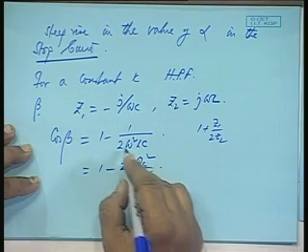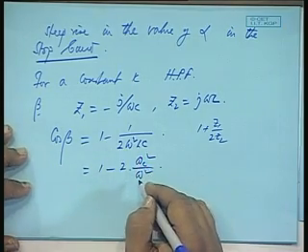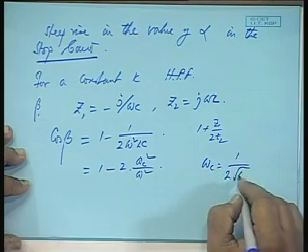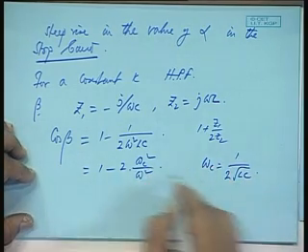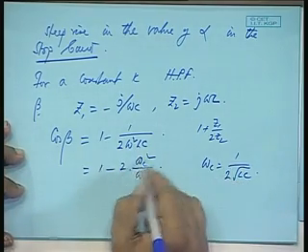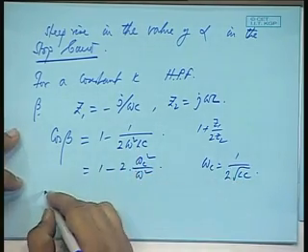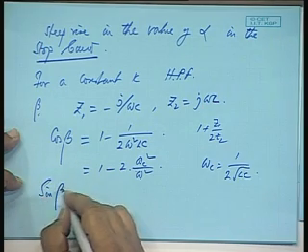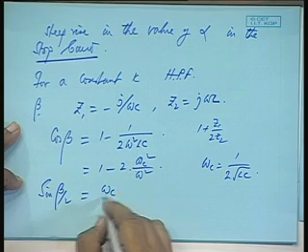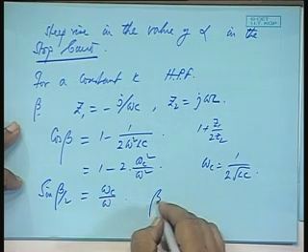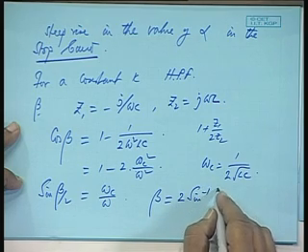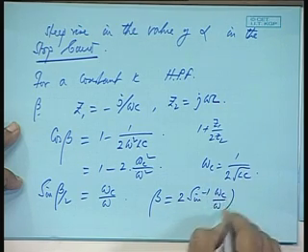If you remember the expression for omega c was 1 by 2 root L c. So, omega c squared I can get 1 by 4 L c. So, that after manipulation gives me this. So, sine of beta by 2 in this case will be omega c by omega, or beta will be twice sine inverse omega c by omega.